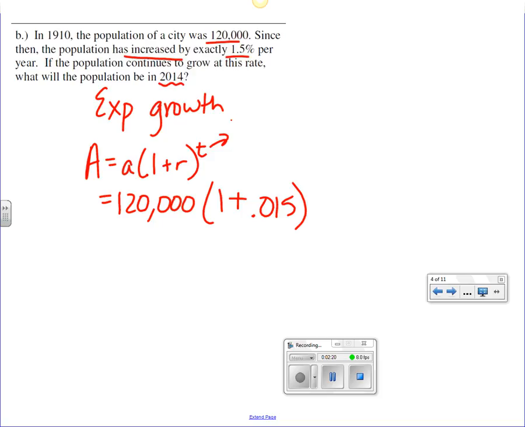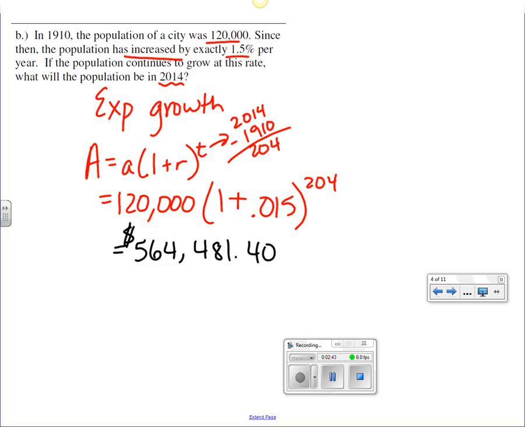It's 2014, but we need to see how many years it's been since 1910. So we're going to subtract that. 2014 minus 1910 gives you 104. So that is your time. When you type that in your calculator, you get 564,481.40, and that is your answer.